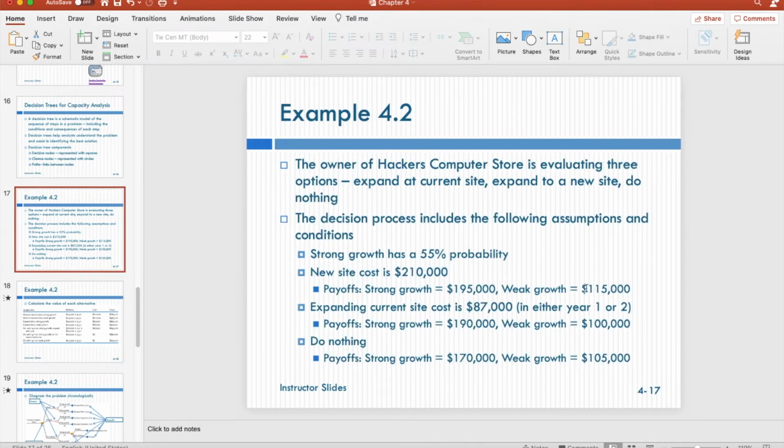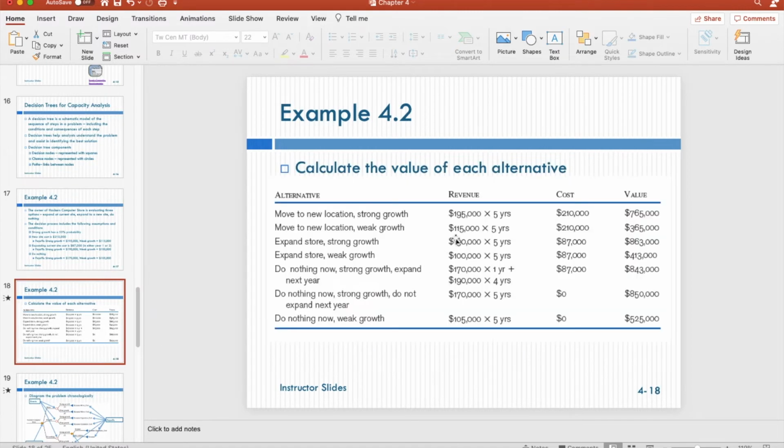For the weak growth, your payoff from expanding on the new site would be 115,000 per year. For a 5-year schedule, this would be 115,000 times 5. But the cost is still 210,000, because when you incur this cost, you don't know whether you will meet strong growth or weak growth. Once you decide to expand on the new site, you incur this amount one time.